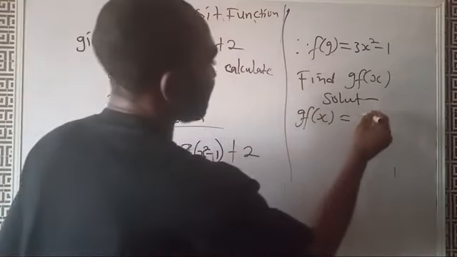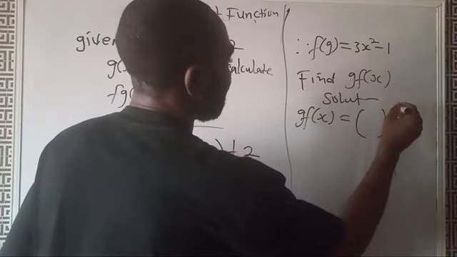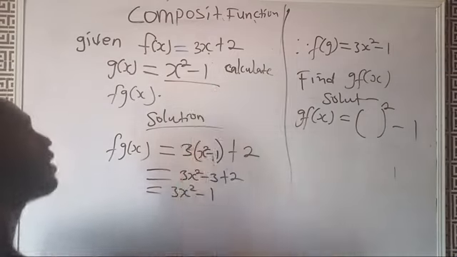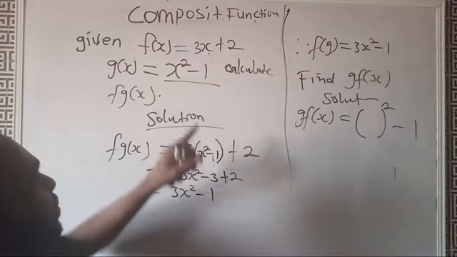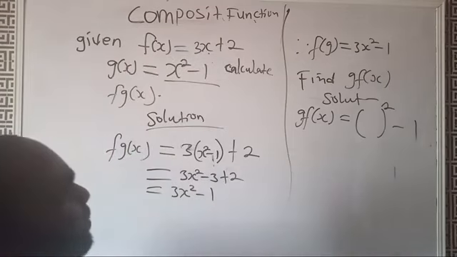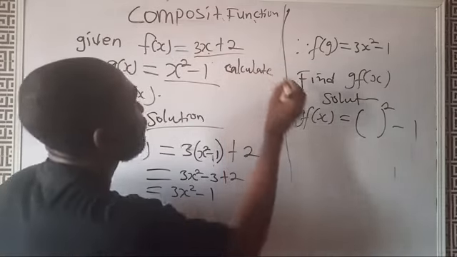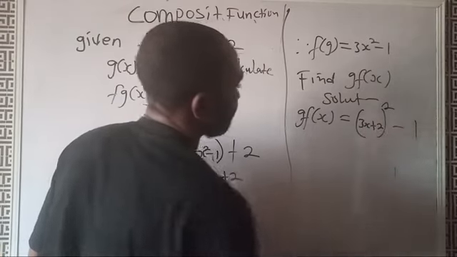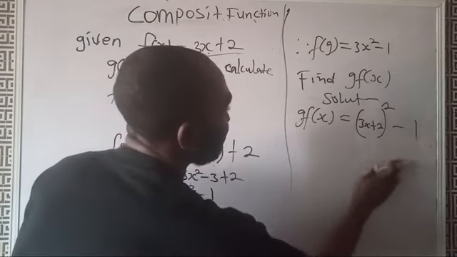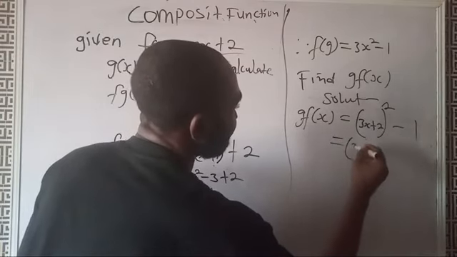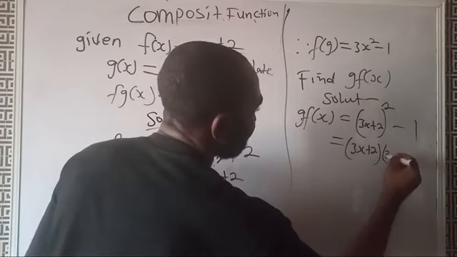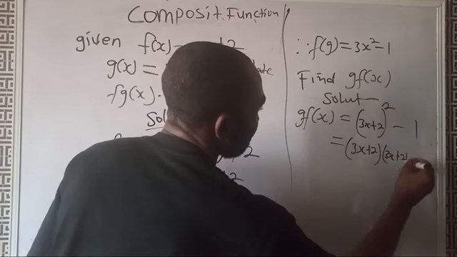I will define it first by opening parentheses, then square it, then minus 1. This is the function you have here. Then f of x is inside of it. I'll bring f of x inside, which is 3x plus 2. I have 2 of this, so I will open it as 3x plus 2, and again 3x plus 2, minus 1.